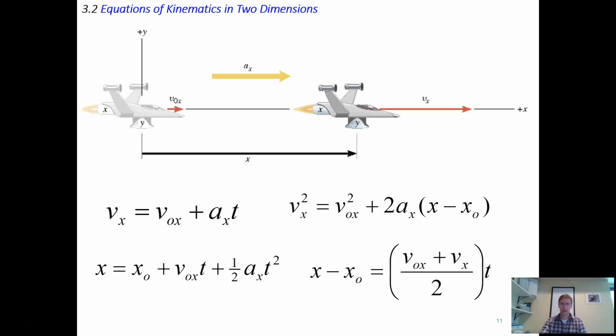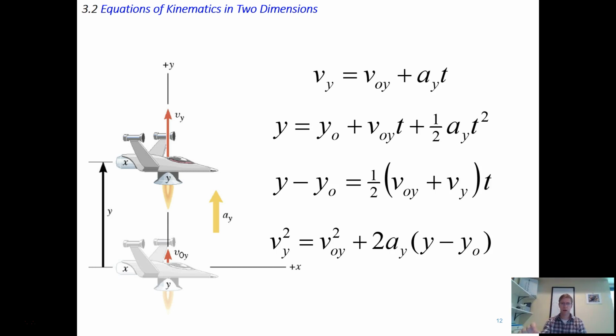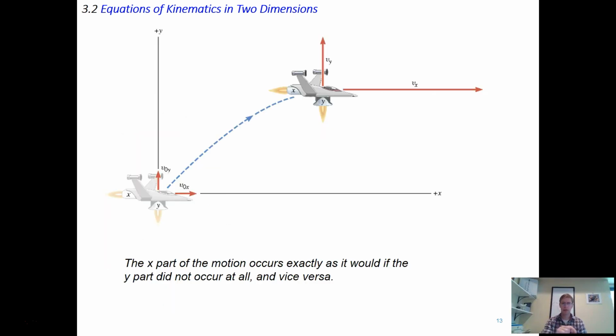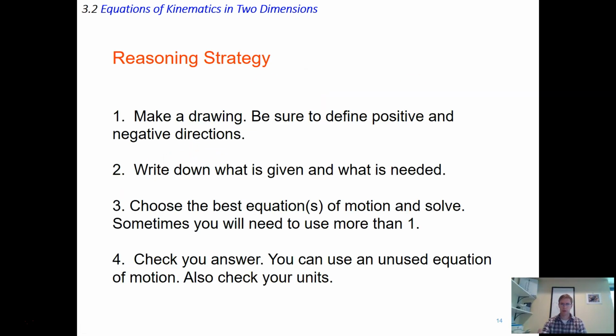So, again, you have everything to describe the x motion. You have everything to describe the y motion, and when you put them together, it gives you the overall picture of the x and the y motion together. So, the problem-solving strategy is very similar to what we've done before. You start with a drawing, making sure you label your x and y axes really clearly.